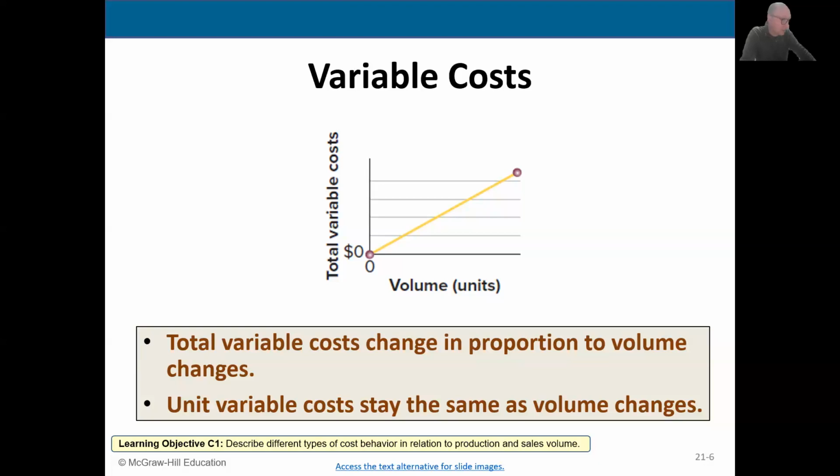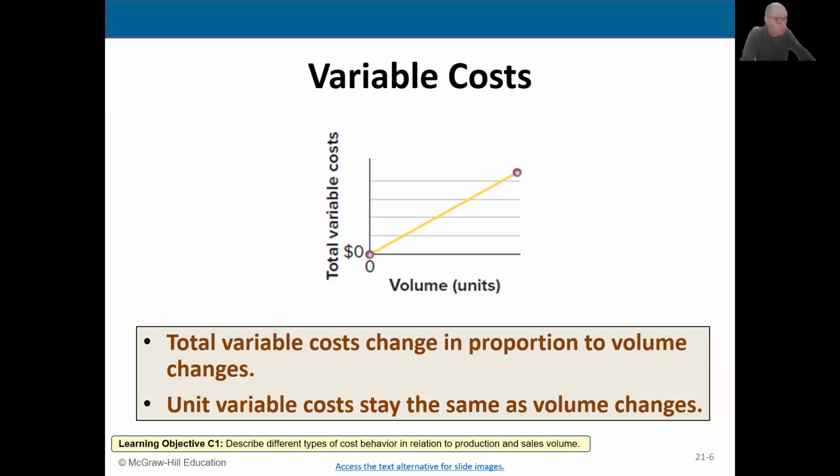Because remember, the total cost of a unit is direct materials plus direct labor plus a little factory overhead, variable cost factory overhead. That equals a total cost of a unit. Okay? That total cost of a unit stays the same regardless of the level of output.